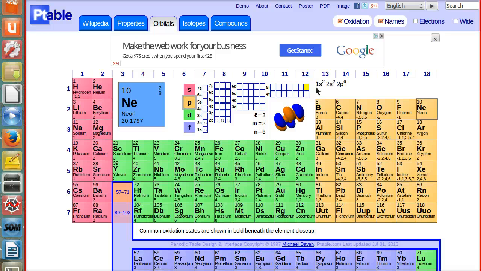That is, unless the atom is excited, say by an electric field or by heat or something like that, we won't see the G. So we're really only concerned here with S, P, D, and F.